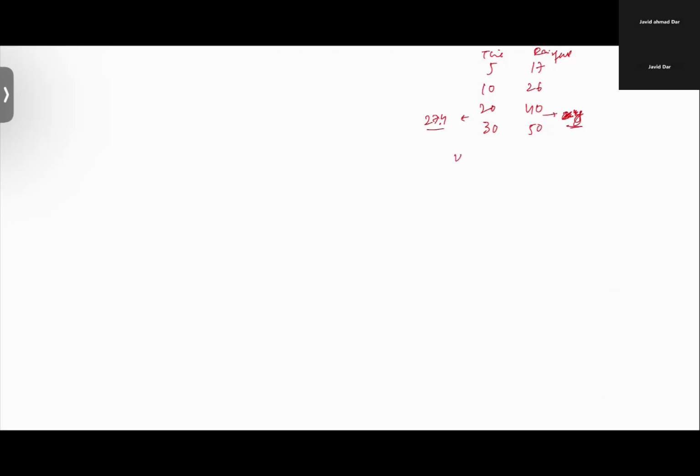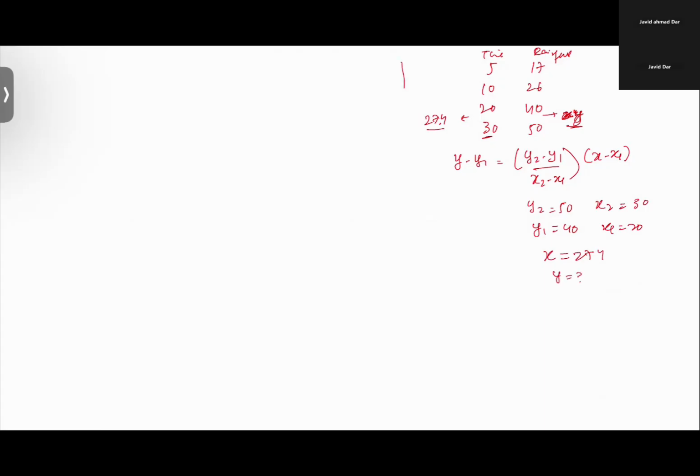We know the equation of a straight line between 2 points: y minus y1 is equal to y2 minus y1 divided by x2 minus x1, into x minus x1. Now y2 can be considered 50, then x2 will be 30. Similarly, y1 will be 40 and x1 will be 20. Your x is 27.4, you need to find y.